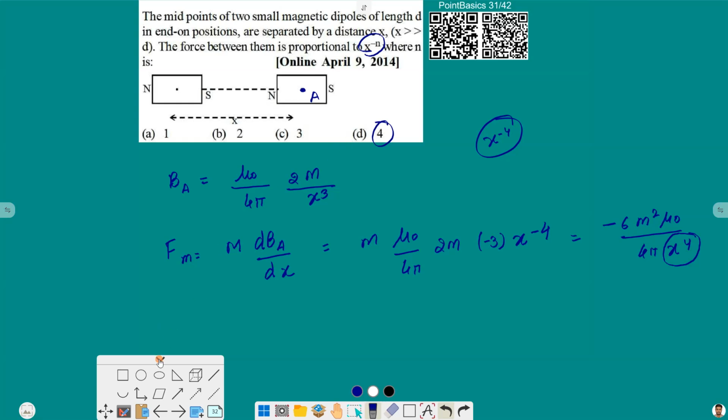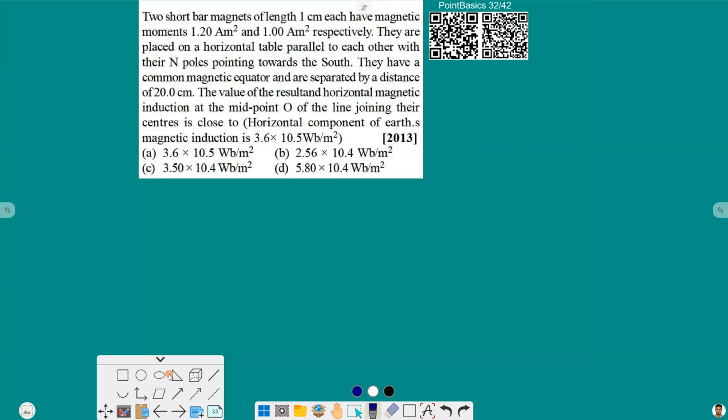Now let's move to the next one. Two short bar magnets of length 1 centimeter each, having magnetic dipole moments 1.2 and 1 ampere meter square respectively, are placed on a horizontal table parallel to each other with their north poles pointing towards the south, and they have a common magnetic equator, separated by a distance of 20 centimeter.